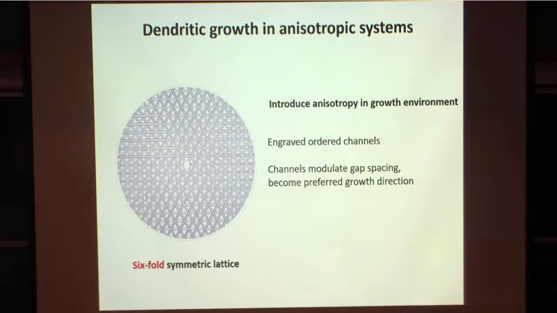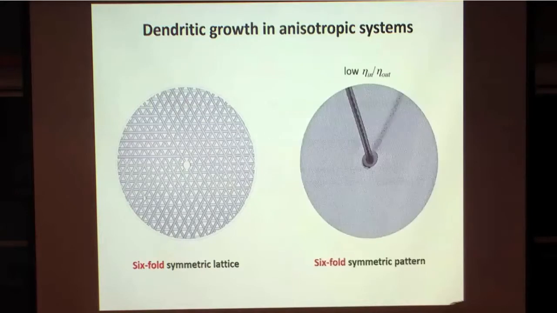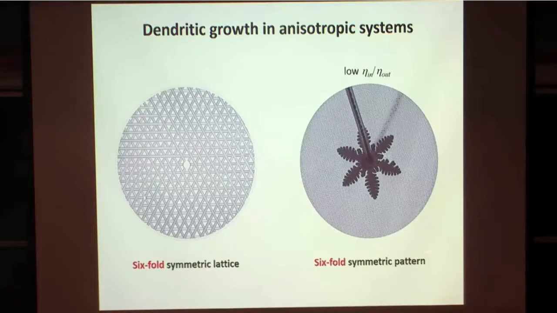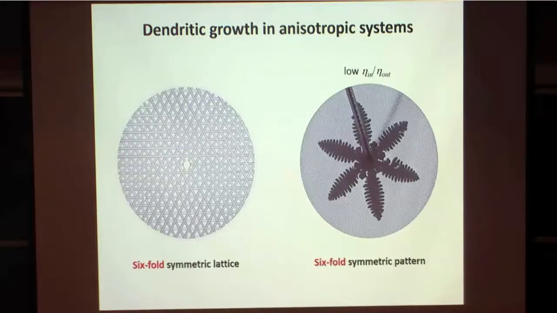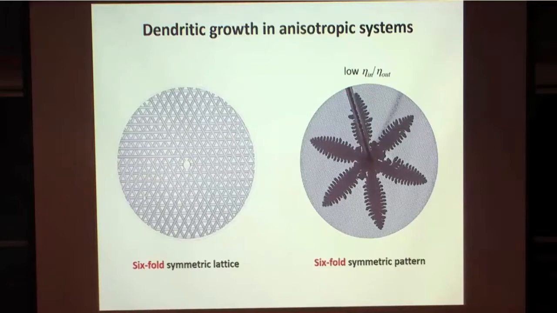And doing that simple modification to the system leads to a completely different type of growth. So now, instead of getting these very branched and ramified patterns, what you see is now that I inject the second fluid, I get these extremely ordered structures reminiscent of these dendritic structures in nature.